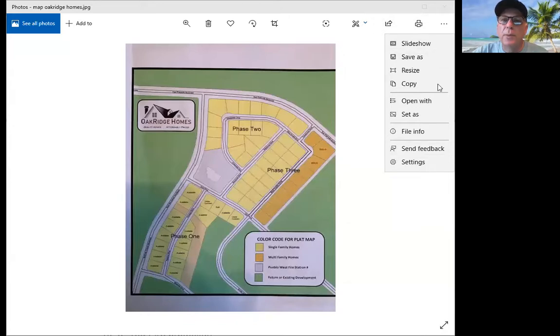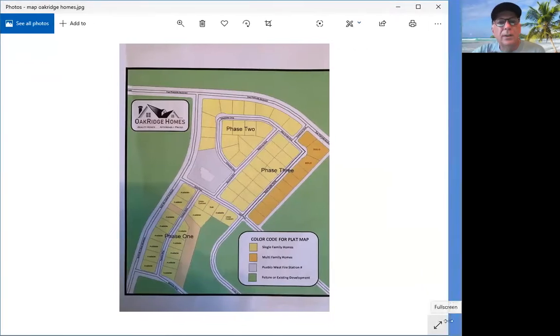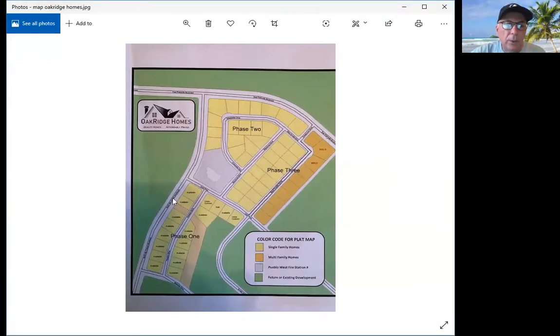I am going to be posting this for you out on your Blackboard here, but what I wanted to show you is a planning tool that I came across just recently, just over here by my house. There's a subdivision being built, and it's already built, and what is happening now is they're starting to build lots to sell along here, and this Oak Ridge Homes Company is starting to sell these lots.